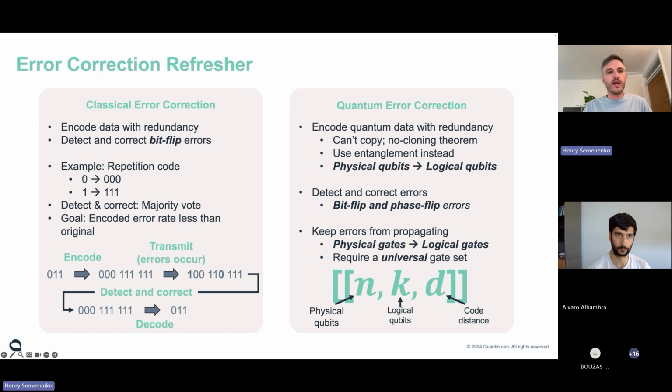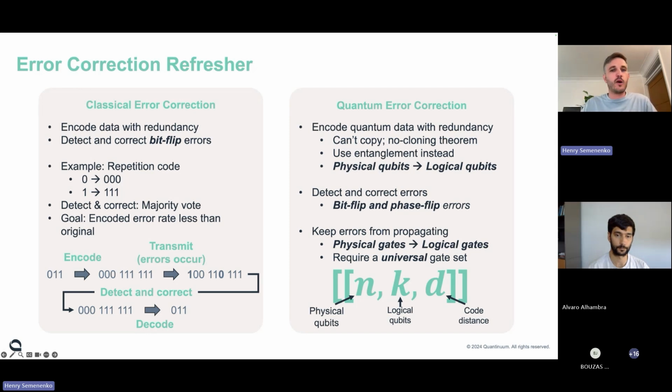And really, the key idea in classical error correction is to be able to encode our data with redundancy, and then to be able to detect and correct bit flip errors, which is the only error that can occur in our classical system. One example of this, and the simplest example that one might think of, is to use a repetition code.